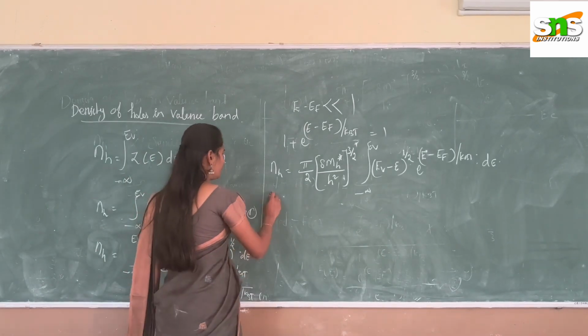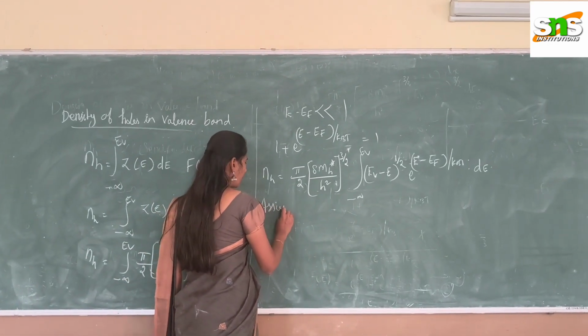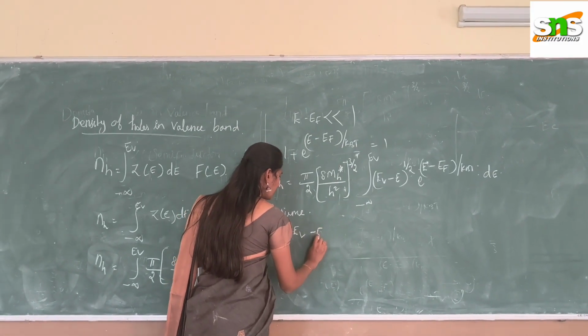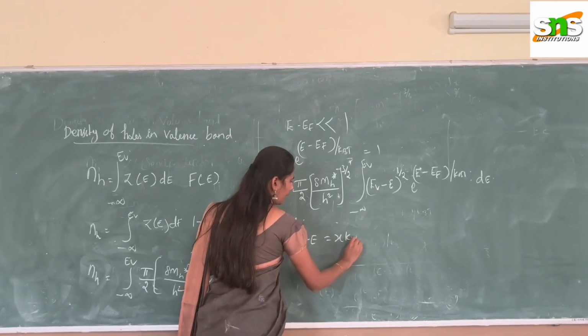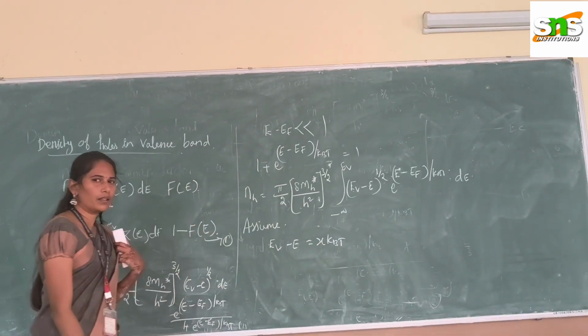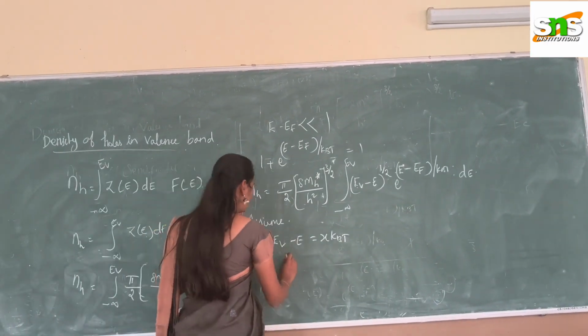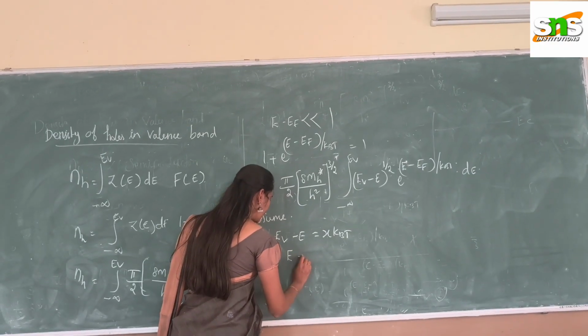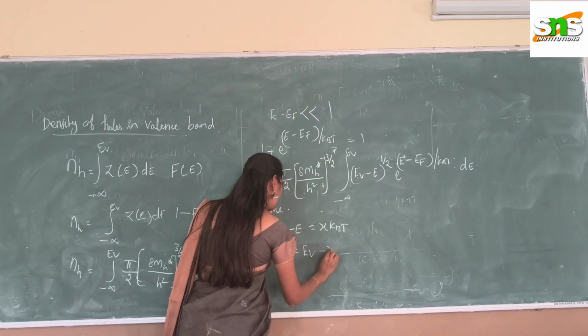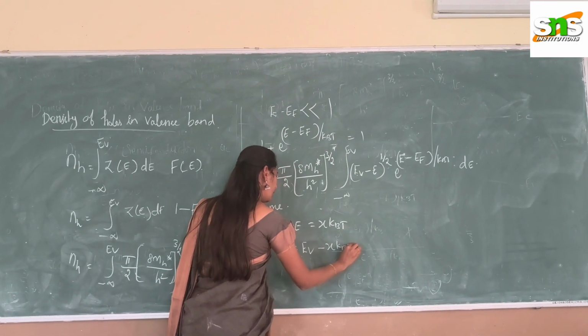So, for our convenience, assume E_V minus E is equal to x kT. So E is equal to E_V minus x kT.